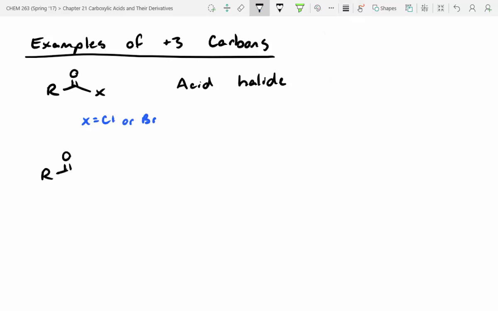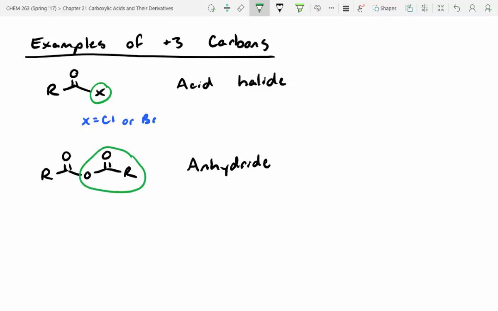And let's see if you guys can remember this functional group. What's this one called? Anhydride. Some people will call this an acid anhydride or an anhydride. It doesn't really matter. So if we look at these, the X is our electron withdrawing group here.